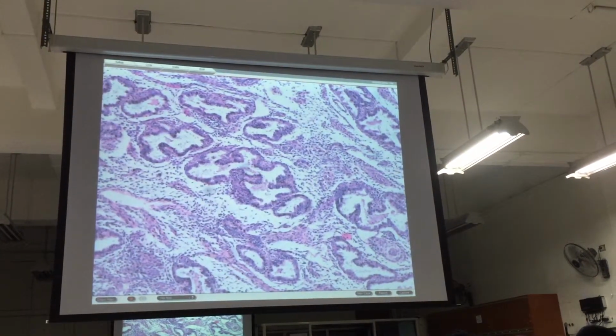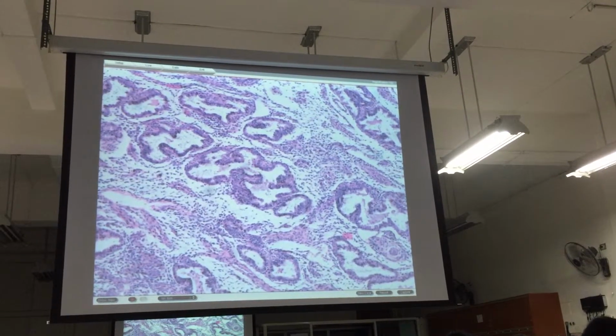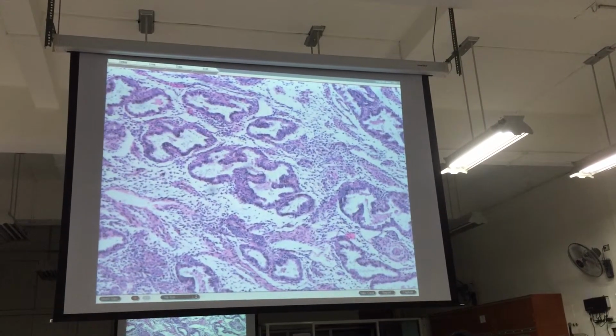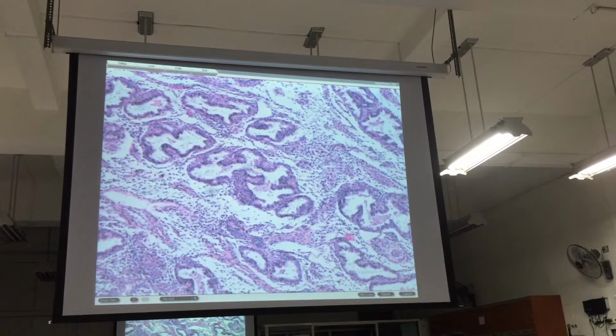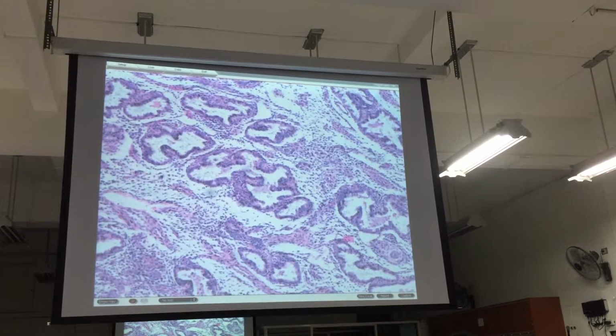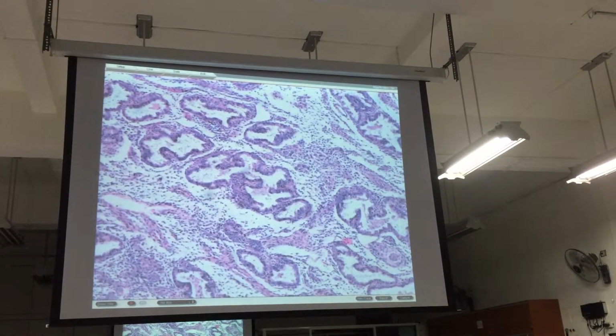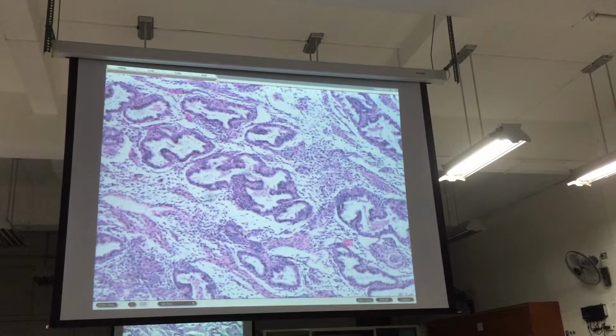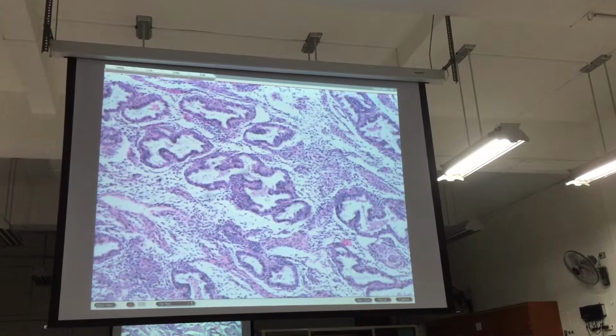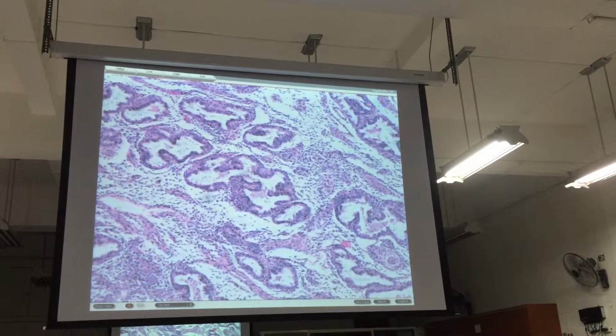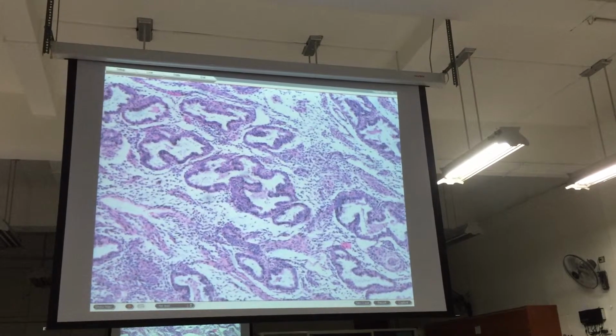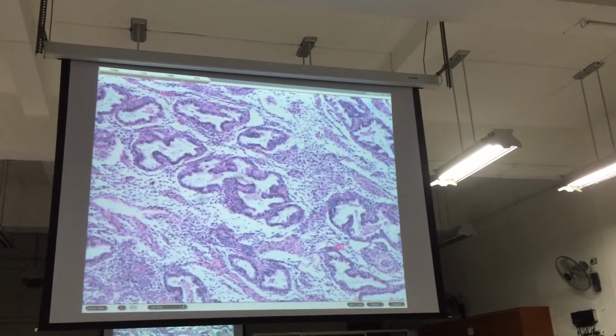You have several stages, of course, in days. It also has its morphologic features depending on the day of your secretory endometrium. In days 16 and 17, you will still see your subnuclear population.